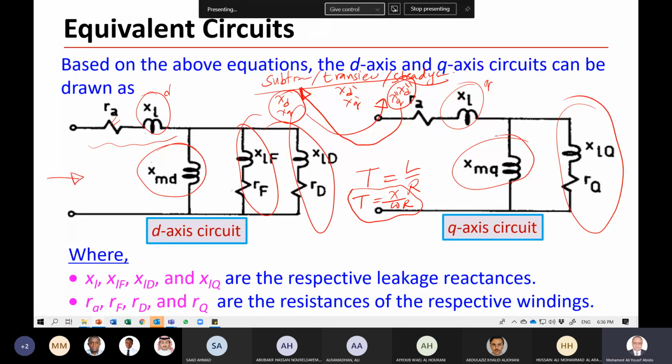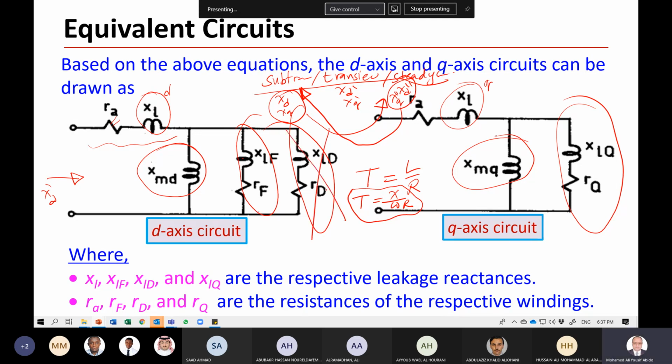If you look at the circuit from here and you want to get the total reactance Xd prime, this is a transient, so this winding will be eliminated.